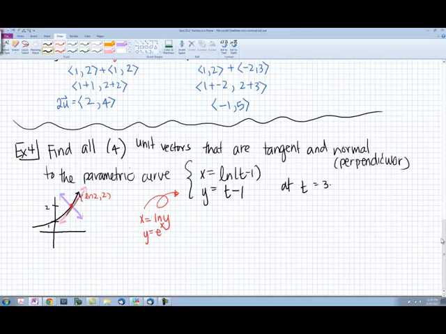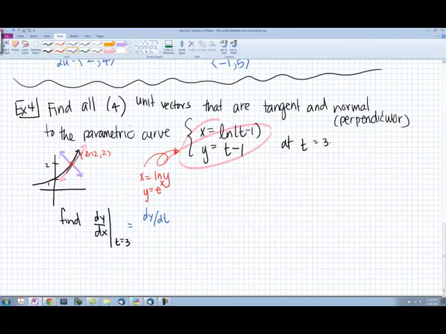Now in order to find those, I need to know what the slope is at that point. So I need us to find dy/dx at t equals 3. We need to find dy/dt and divide that by dx/dt and evaluate at t equals 3. What's dy/dt? It's 1.